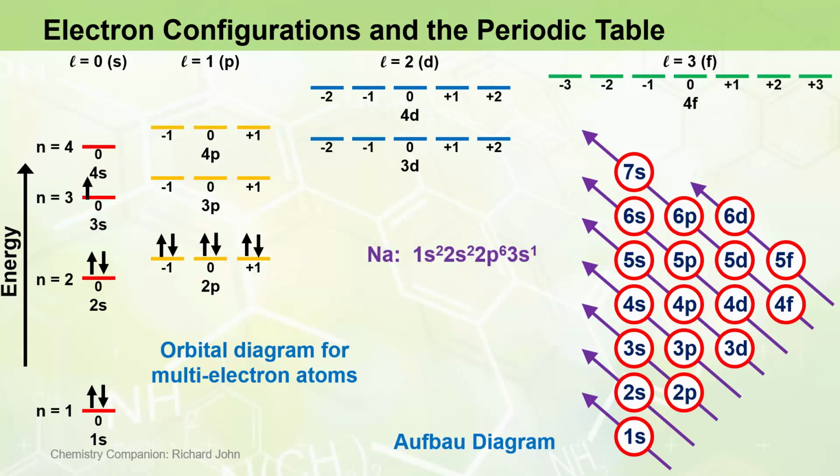This gives the electron configuration for sodium as 1s2, 2s2, 2p6, 3s1, and a condensed electron configuration of the neon core of 10 electrons plus the 11th 3s electron, so neon core 3s1.